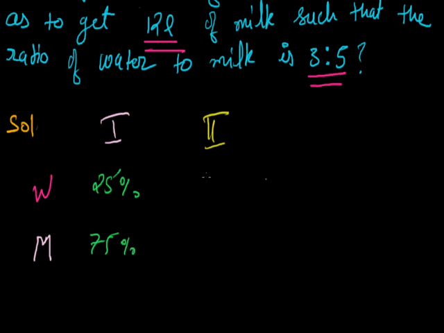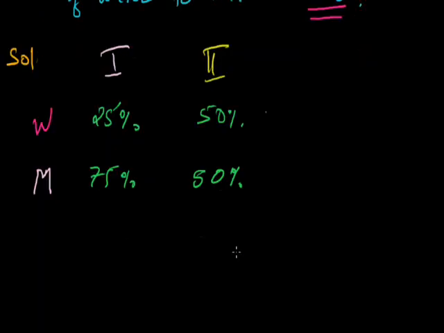In the second container we have 50% water and 50% milk. Now we have to take solution from both containers, and the total solution should be 12 liters. So let me assume that I am taking x liters from the first one, so I will take 12 minus x from the second one.